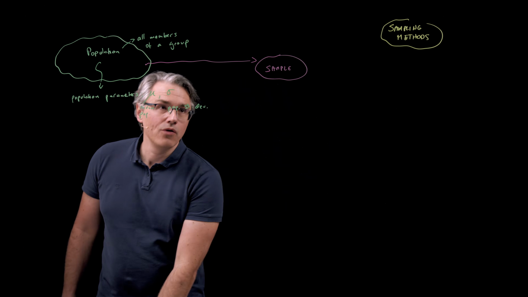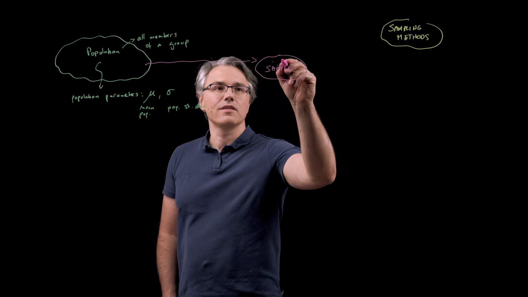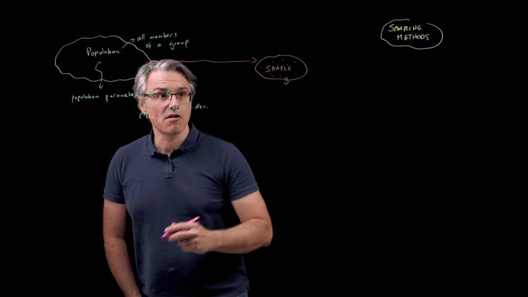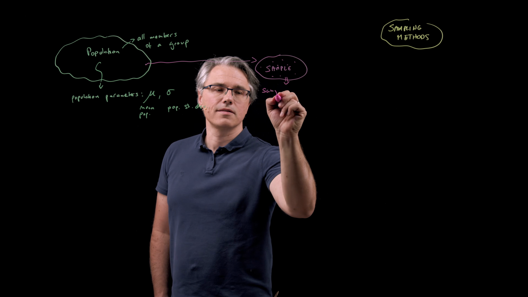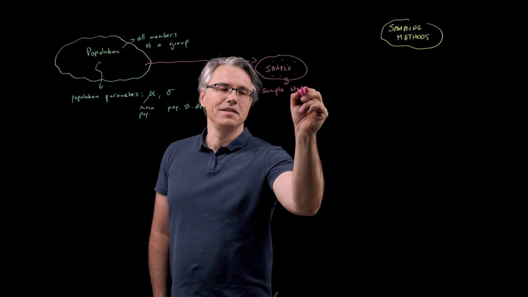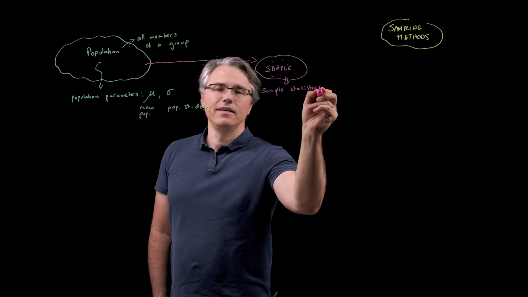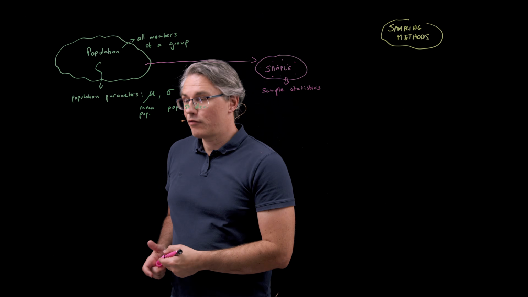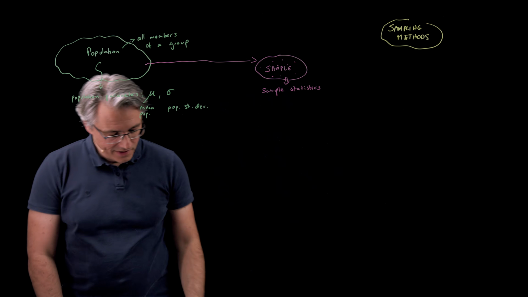And based on the observations, the data in the sample, we will be computing so-called sample statistics. And these are measures used to describe the samples, just like parameters describe a population.